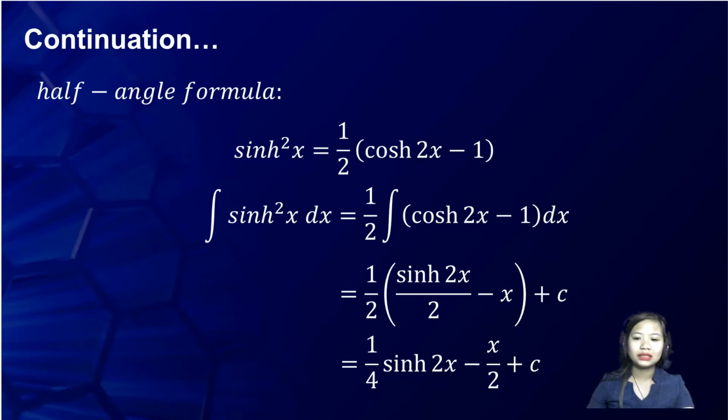Then getting the integral of this part, we have the hyperbolic sine 2x over 2 minus x plus the arbitrary constant. By simplifying, we have 1/4 times the hyperbolic sine 2x minus x over 2 plus c.